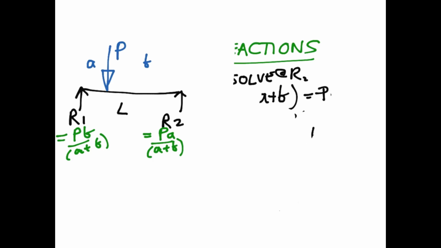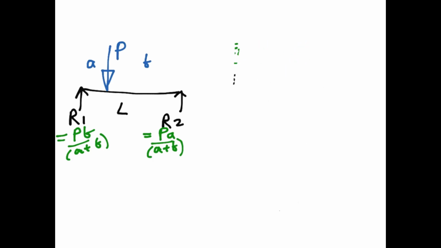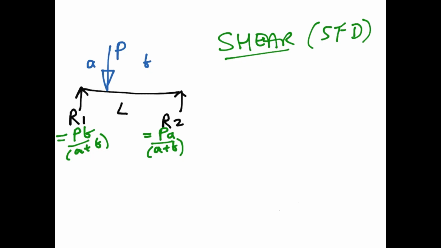So next, while I'm scribbling this out, we'll move on to shear forces. Okay, so we're going to do the shear force diagram, SFD. So what we know here is that the forces are going to balance each other out.